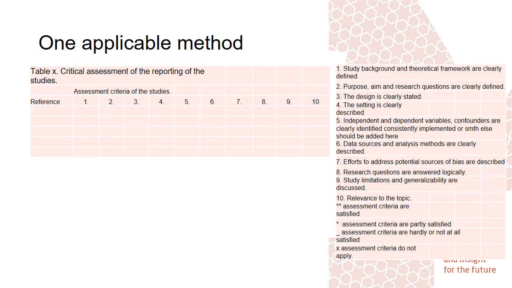This is the one method by which you can use only this one checklist for all the studies, because this is this kind of 10-step checklist where you just document how well these 10 criteria apply for different types of studies.